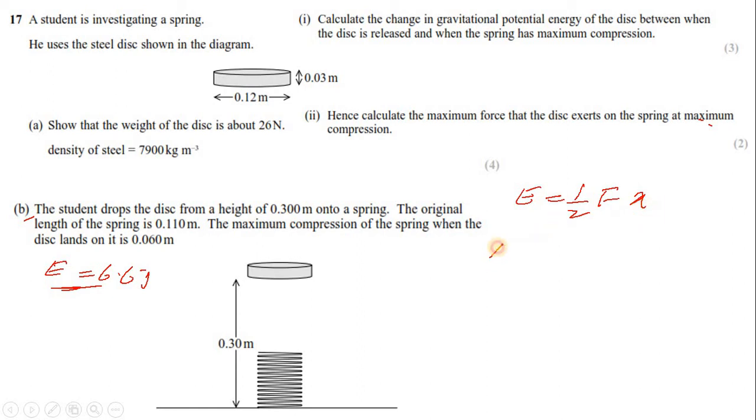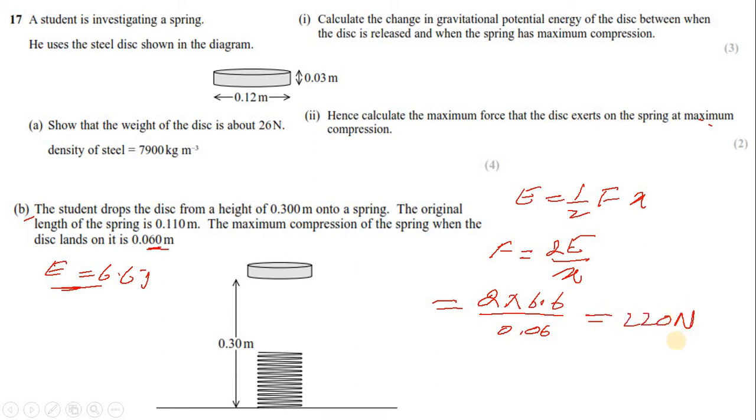So F will be 2E divided by x. So twice E is 6.6, divided by the extension, which is 0.06. So the answer will be equal to 220 Newton. This is the maximum force.